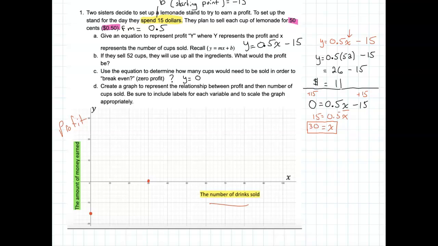Okay? So when I go ahead and put a graph in there, let's start here because we don't really need to go into the negatives. All right, so that's what it's going to look like. It goes forever, really.